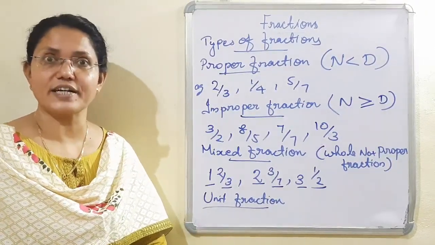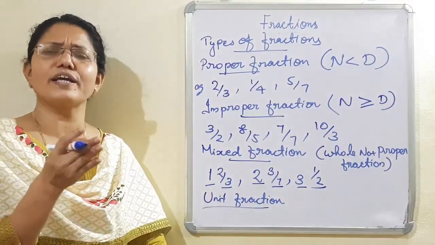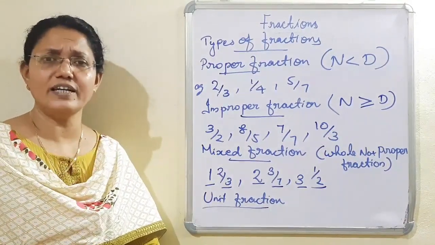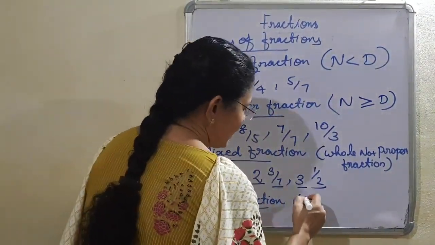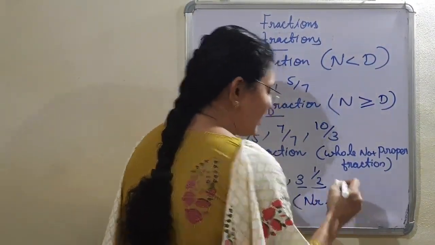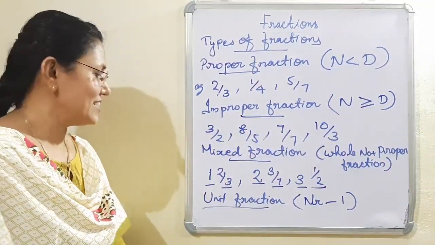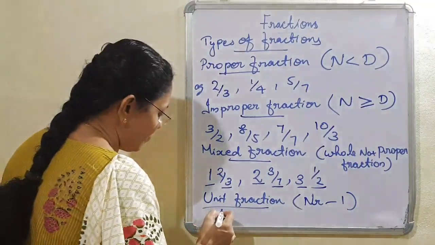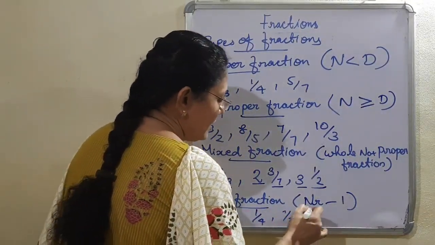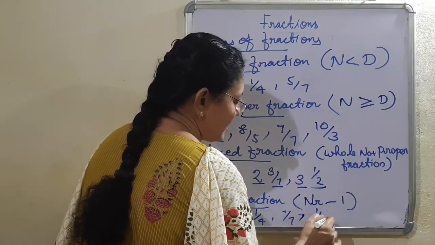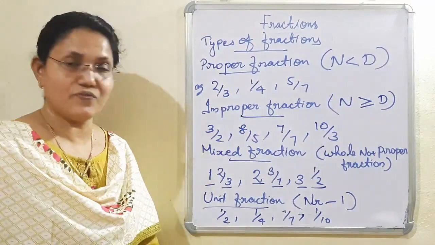And all unit fractions are proper fractions also, because in unit fractions always the numerator is smaller than denominator. Okay, the example, the numerator 1. Numerator of a fraction is 1, then it is known as what? Yes, unit fraction. Example, 1 by 2, 1 by 4, 1 by 7, 1 by 10, etc. All these are the unit fractions.